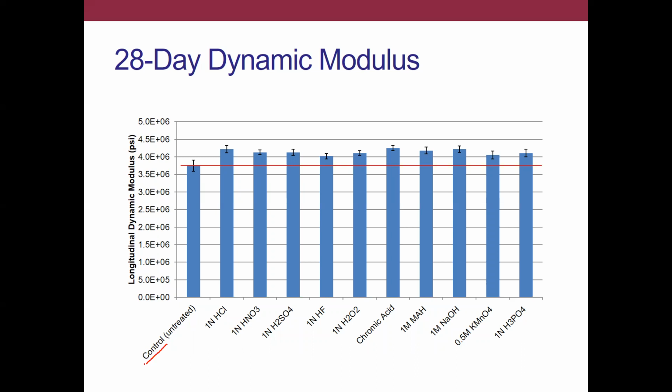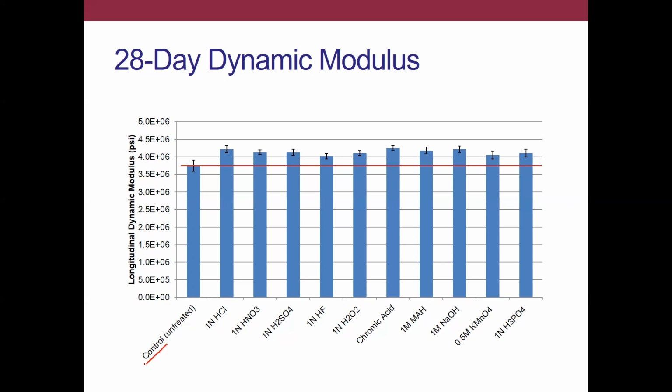So by oxidizing the asphalt, we do see some improvement, at least to the modulus. But is this sufficient to really give us greater mechanical properties? Probably not sufficiently, right? But at least here we're able to prove that there is some change in our mechanical properties if you oxidize the asphalt.